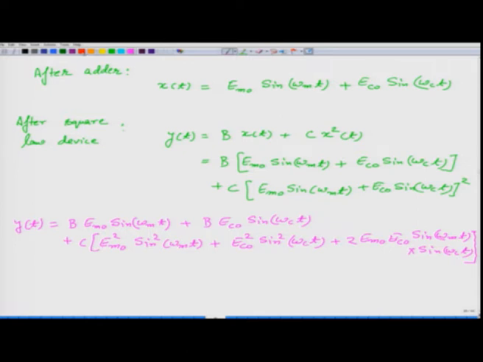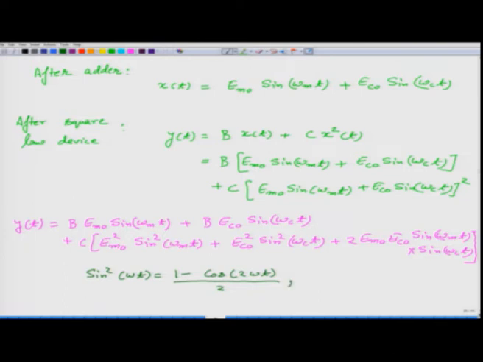Now, let us use the following substitutions. The first is that sine squared omega t can be written as (1 minus cos 2 omega t) divided by 2.